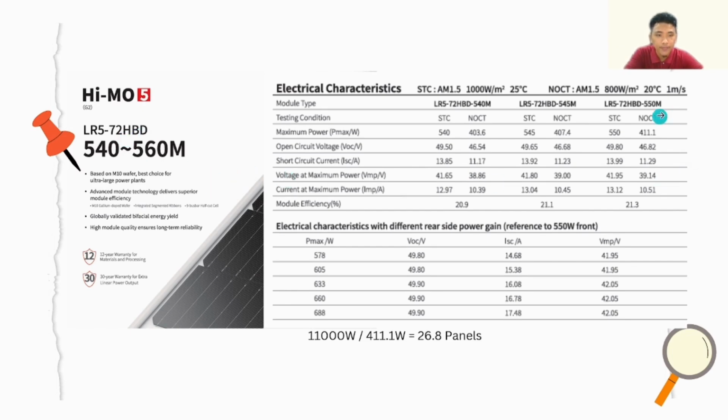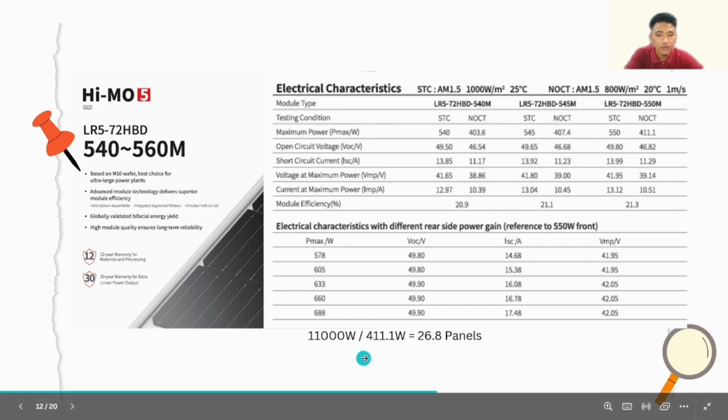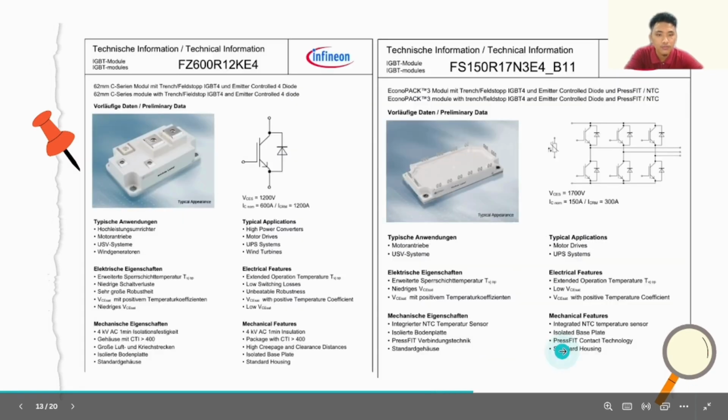If we choose the 550 watt model, under normal operating conditions you can get 411 watt from one panel. If we divide 11 kilowatt by 411 watt per panel, we need at least 36 or 37 panels to power the 11 kilowatt motor.